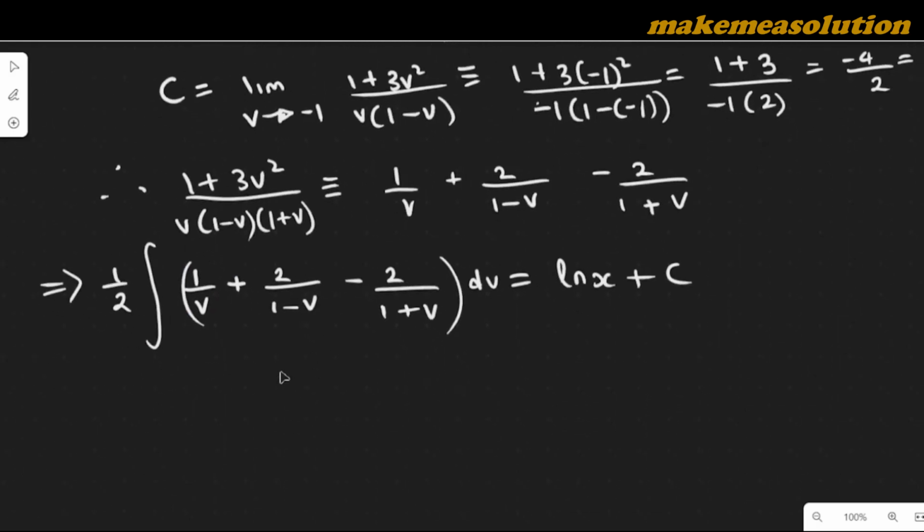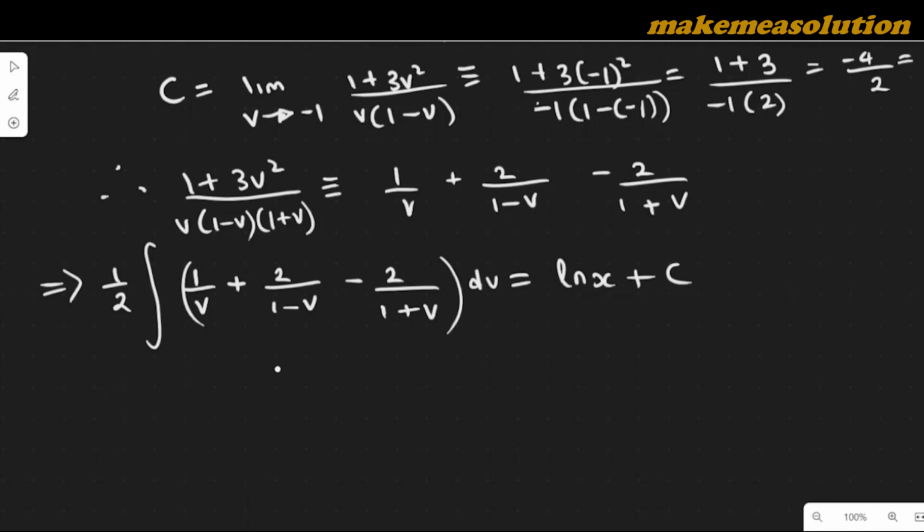Okay, so assuming we keep going, we're going to get half, and this will be ln v. Let me just take it step by step so that you understand.